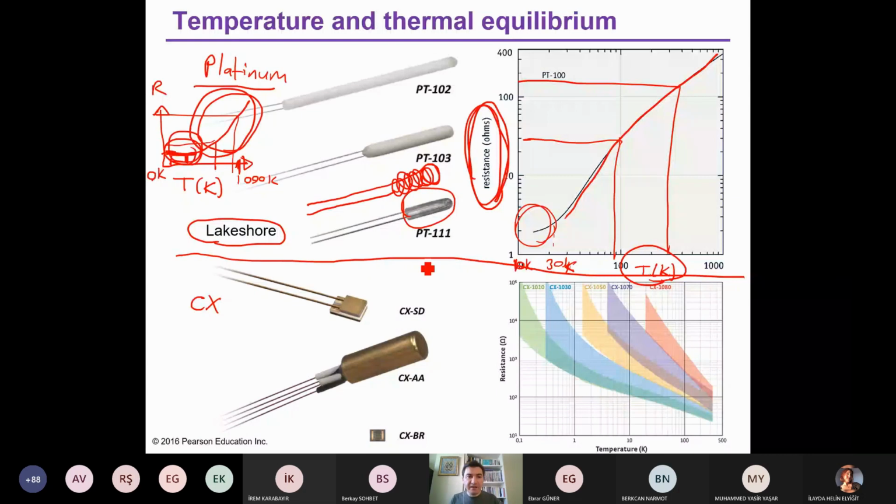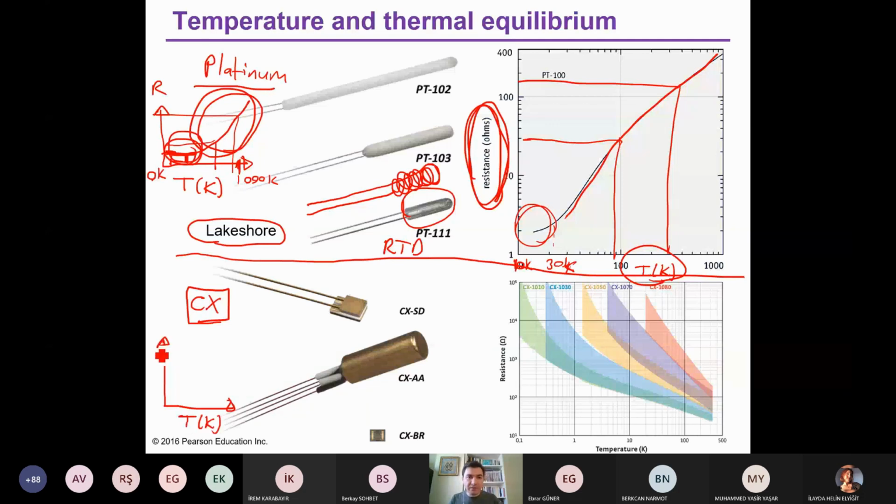Okay, and in Cernox thermometers, semiconductors are used. Semiconductors have different temperature relation. This is the resistance of the semiconductor.